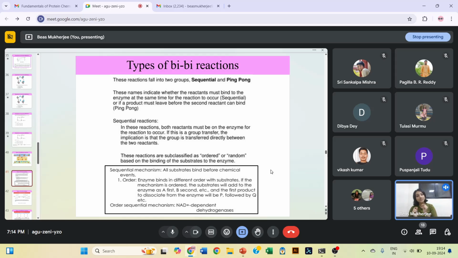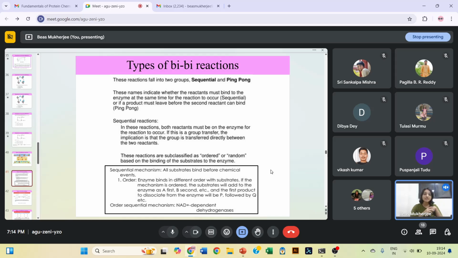Just now we studied in the previous slide that in a ping pong reaction the product had to leave before the next substrate came and bound, right? In sequential reactions, both the reactants must be on the enzyme, bound to the enzyme, for the reaction to happen. If this is a group transfer, the implication is that the group is transferred directly between the two reactants sitting on the enzyme's active site.